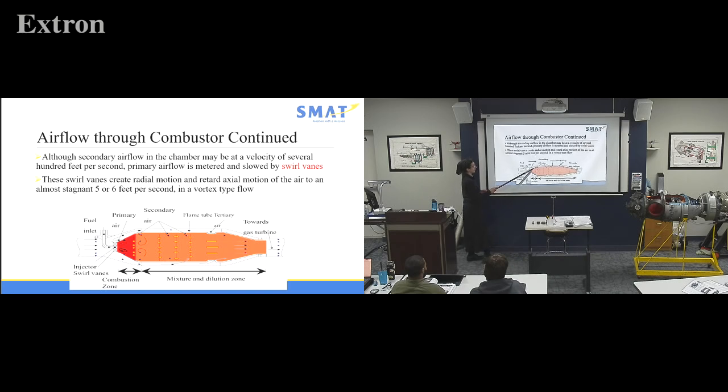But it's slowing it down, so it's not going axially straight through, it's swirling. It slows the axial motion of the air to an almost stagnant 5 or 6 feet per second. So going from several hundred feet to 5 or 6 feet per second in a vortex type flow mixes that air with the fuel and burns it well.